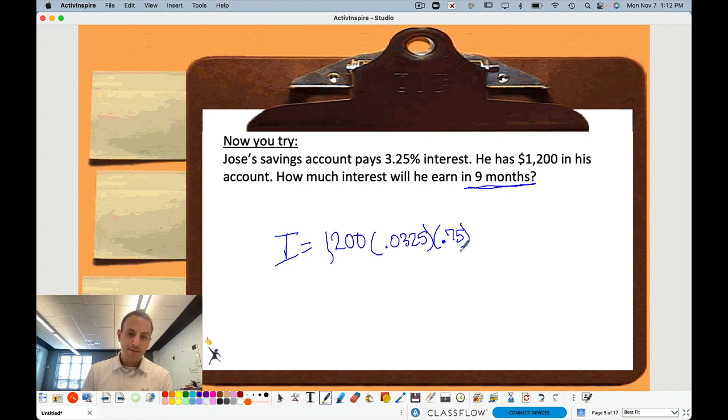It's up to you. And when I put that into my calculator, 1,200 times 0.0325 times 0.75, I'm just making sure I typed everything in correctly. My interest would have been $29.25. So he earned almost $30 over those 9 months. That's not bad for not working too much and just letting it sit there.